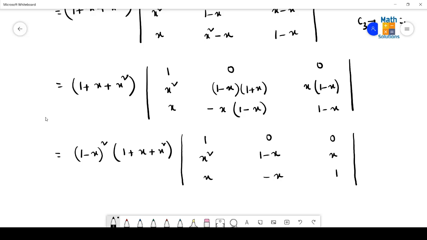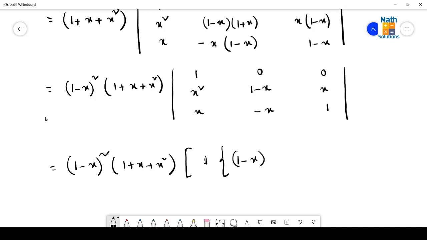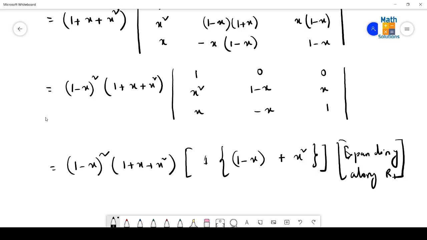So expanding along the first row, since there are maximum number of zeros along the first row, we can perform expansion along that row only. Here 1 gets multiplied with (1 minus x) into 1 remain as it is, minus minus plus, it is x square. So we can write here, expanding along R1, we shall be getting 1 minus x whole square, then 1 plus x square, one more term like this.